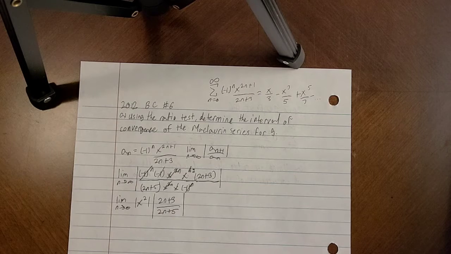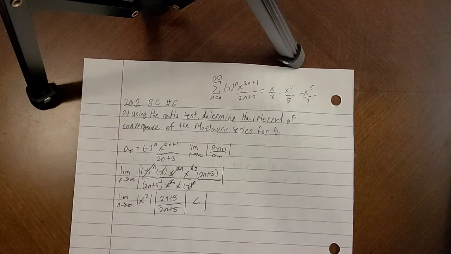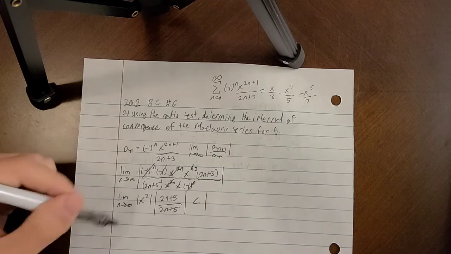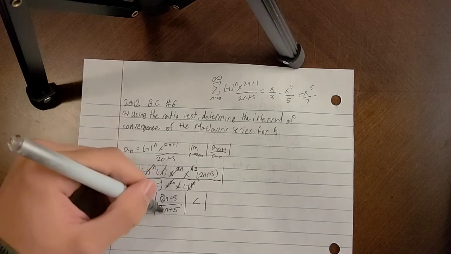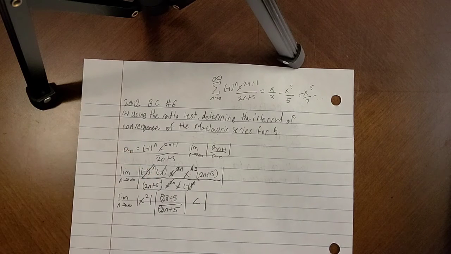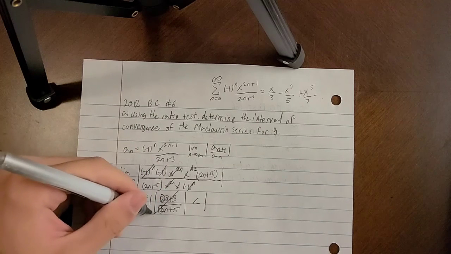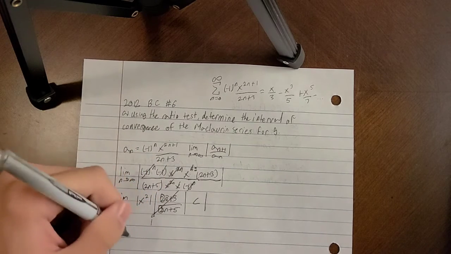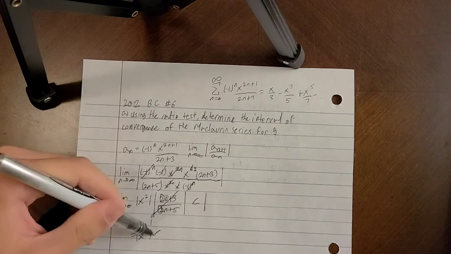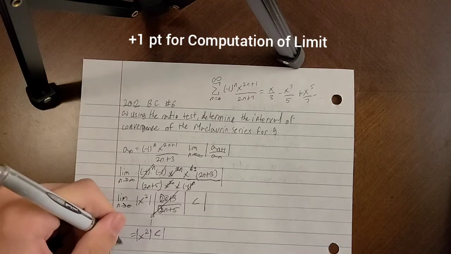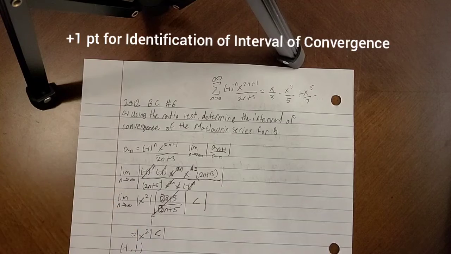And since we're testing for the interval of convergence, it has to be less than 1. When solving for this limit, since these have the same coefficient and both are to the first power, this just cancels out to 1. So that means this equals the absolute value of x squared, less than 1, and we can derive our interval, negative 1 to 1.